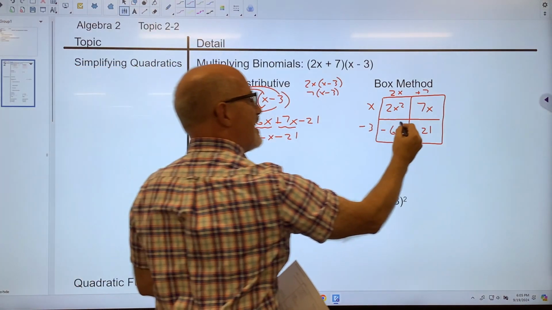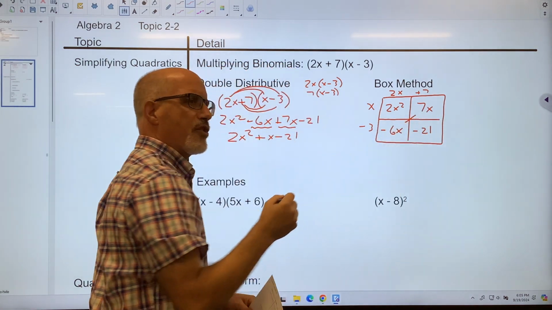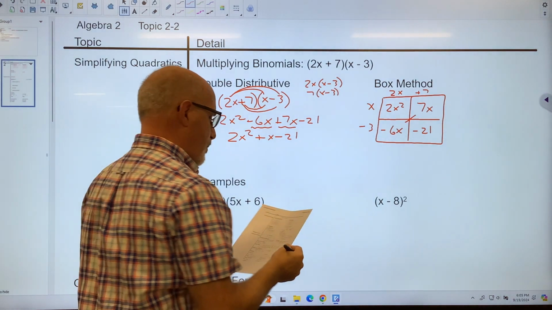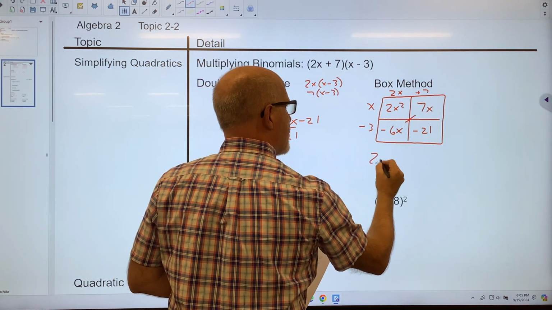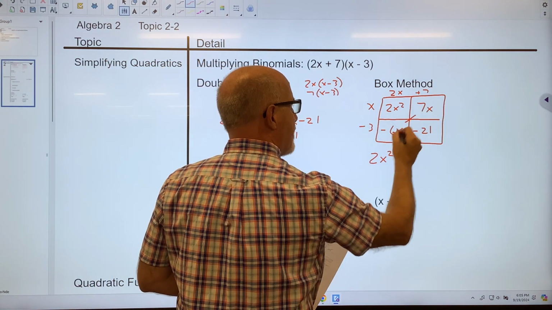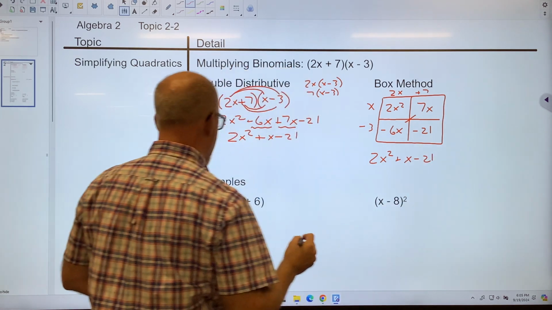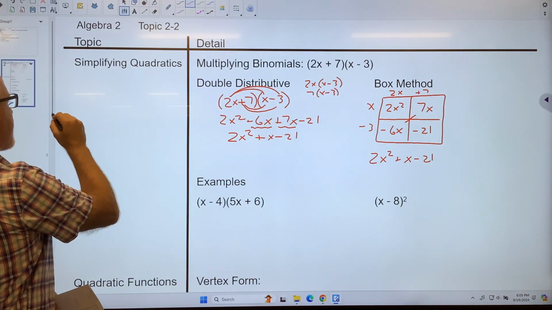So I know that these two are the similar terms. There's the ones that I can combine together. So this would give me the same thing, 2x squared, and then combine these two and you get plus 1x minus 21.